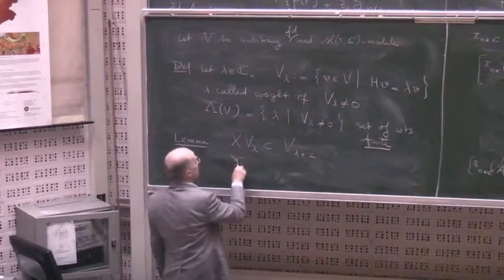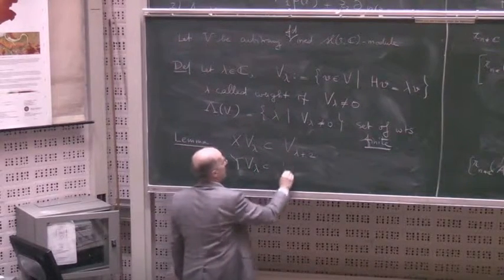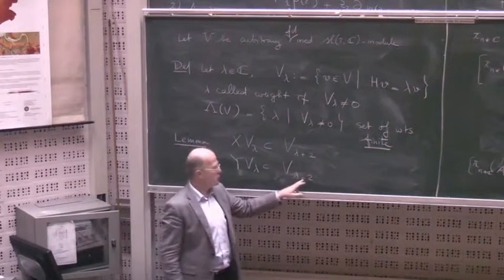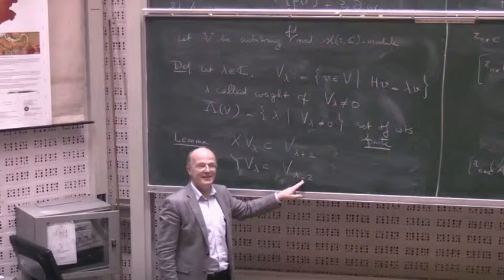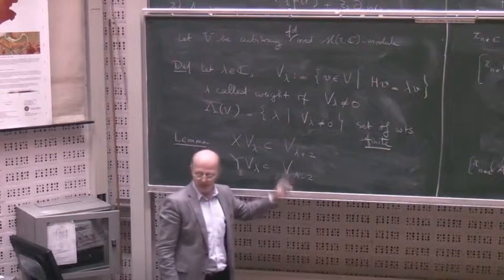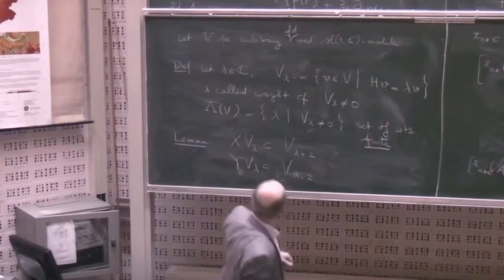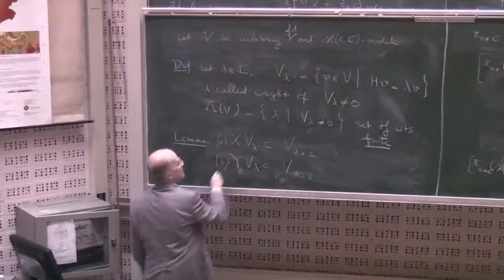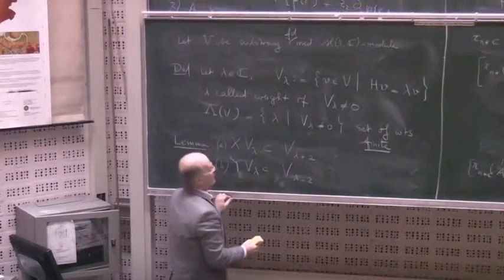And similarly, we have a formula of this type. Now the plus and the minus 2 come from the SL2 triple relations. I'll explain that. So I'll give the proof of A, and of course B is established in a similar fashion.